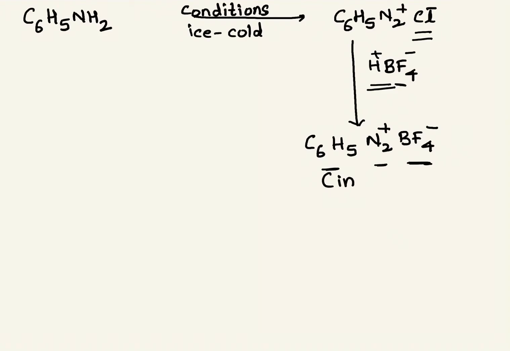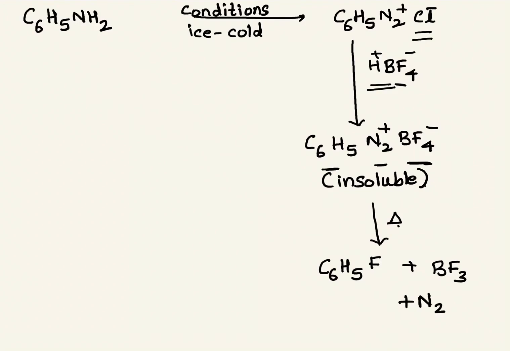So it's benzene diazonium tetrafluoroborate. Now this product that we've got is insoluble in the reaction mixture. It is separated, it is then heated, and we get here C6H5F, again BF3, and of course nitrogen, as we said, is a very good leaving group, and it is happy to be on its own and it is liberated out.